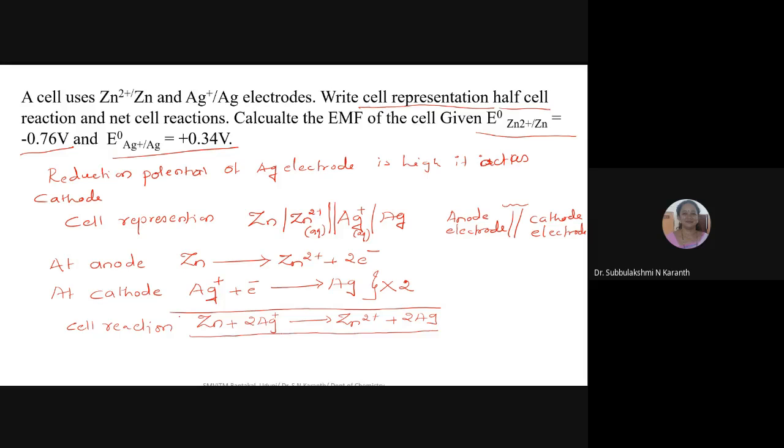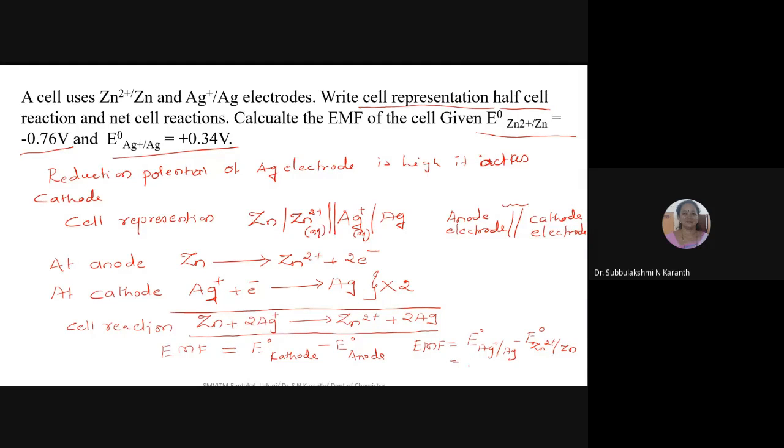Now, the final thing you have to calculate is the EMF of this cell, the electromotive force. EMF equals E naught of the cathode minus E naught of the anode. And you know which electrode acts as the cathode, that is silver. So we can write E naught Ag+ bar Ag minus E naught Zn2+ bar Zn.